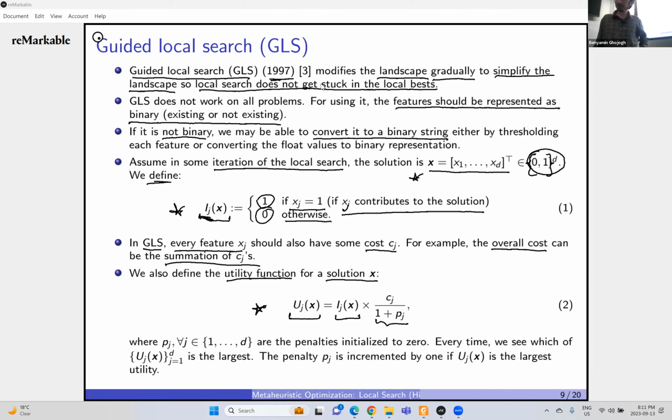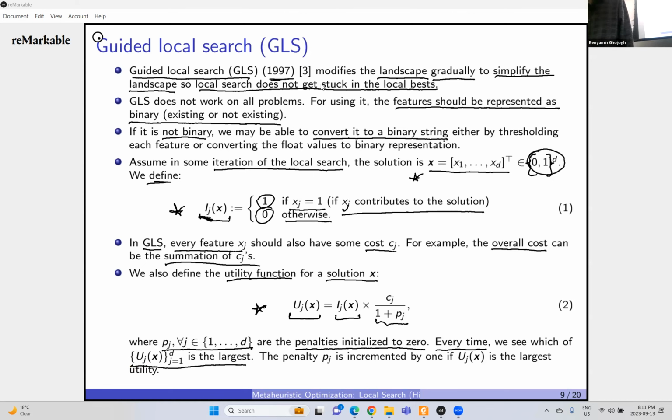So pj, j goes from 1 to d, right? We have d dimensions, and these are the penalties initialized to 0. So initially, all of the penalties of the features are 0. Every time, it is iterative: in every iteration, we see which utility is the largest.